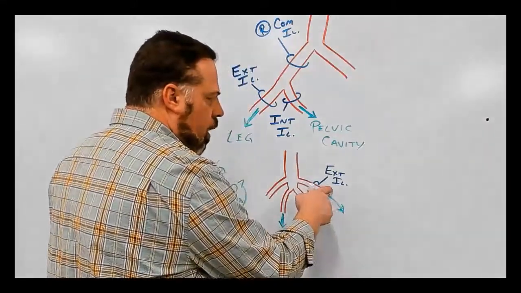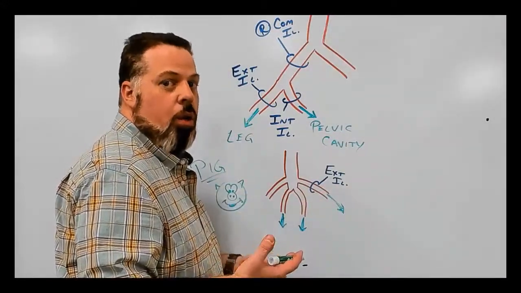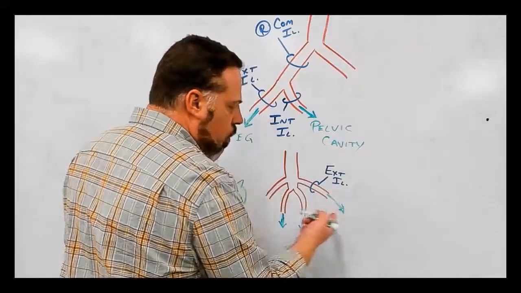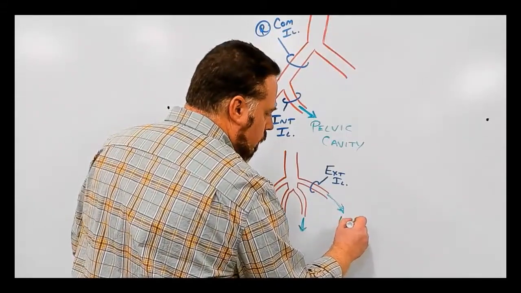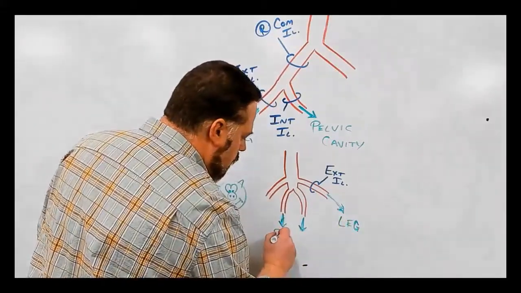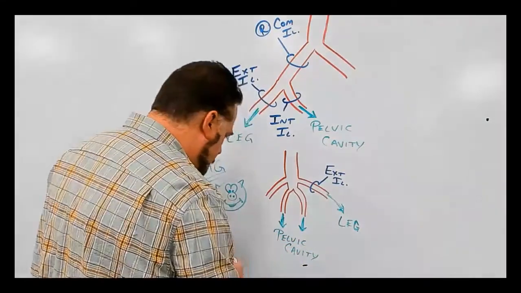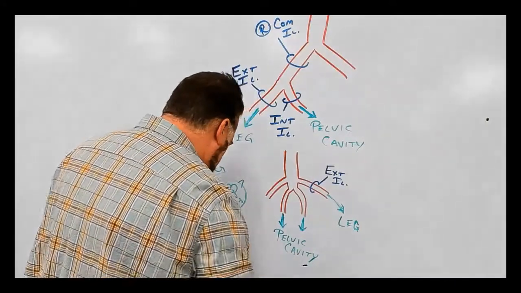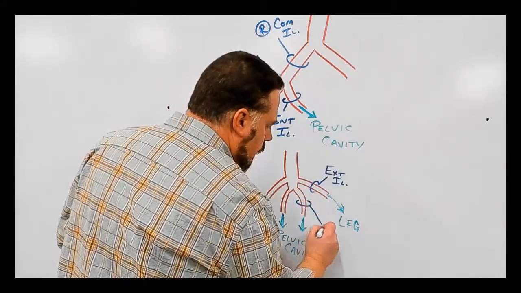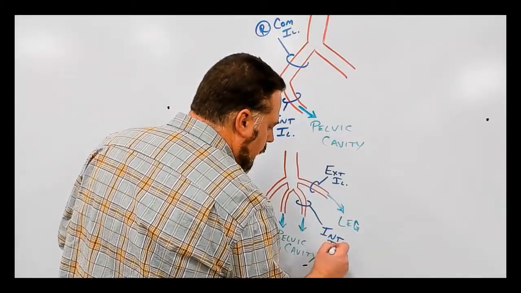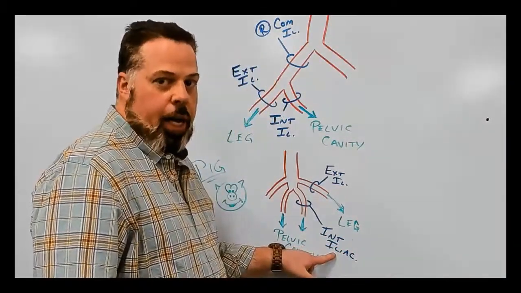After the external iliac, what would it become then? In a human, it becomes the femoral artery, right? Eventually, when it goes through the inguinal canal. So that's going to go to the leg, and this will go into the pelvic cavity. And this is going to be our internal iliac artery. Keep in mind, there's only one L in iliac.